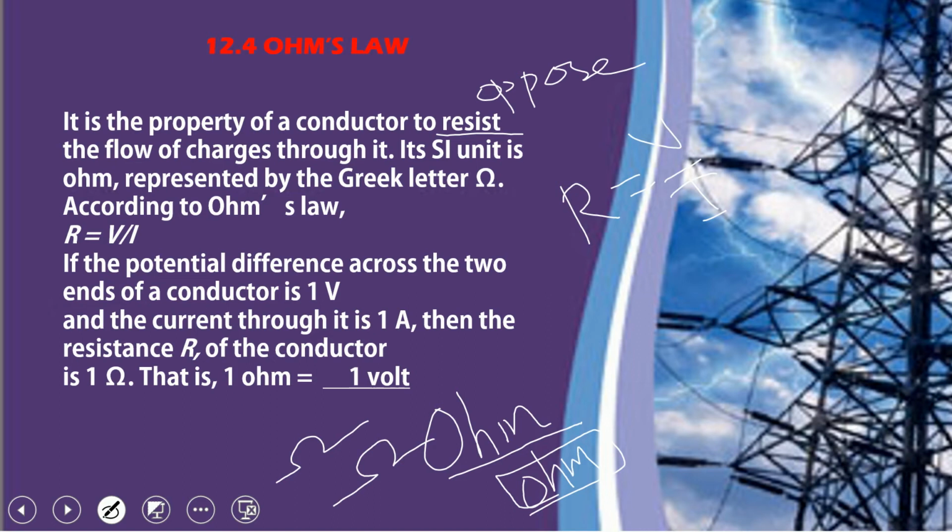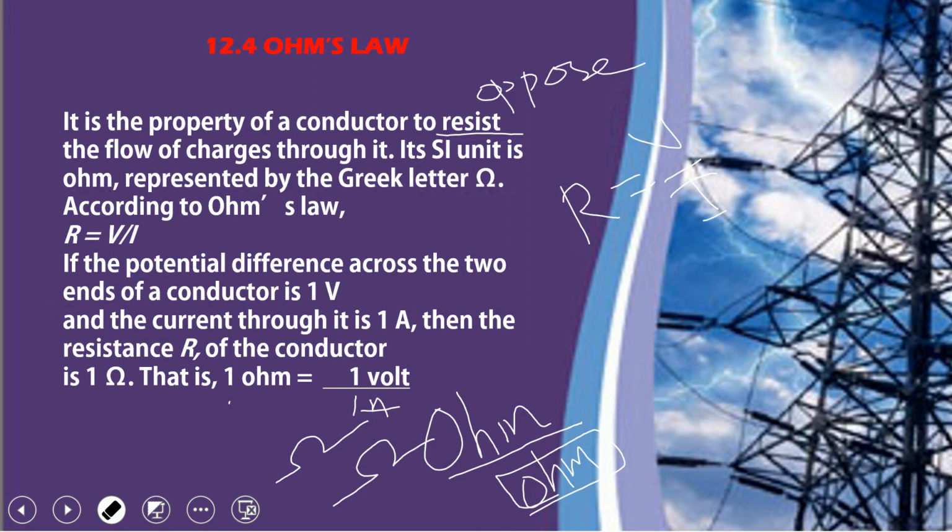Now according to Ohm's law, R is equal to V upon I. If the potential difference across the two ends of the conductor is 1 volt, and the current through it is 1 ampere, then the resistance R of the conductor is 1 volt upon 1 ampere. That is very important. That is 1 ohm is equal to 1 volt upon 1 ampere. Understand? So what is 1 ohm?